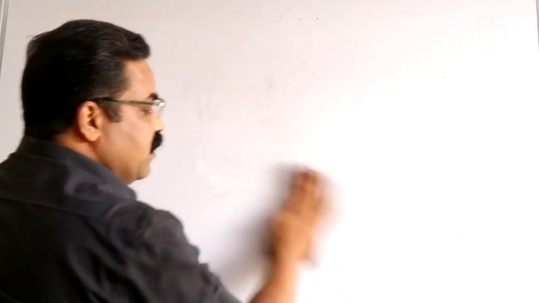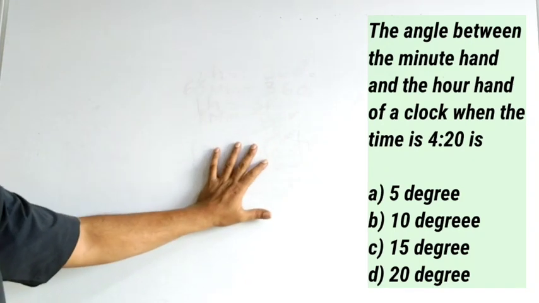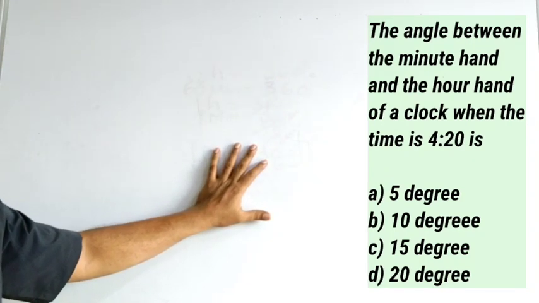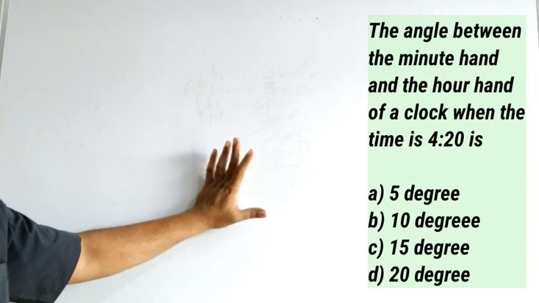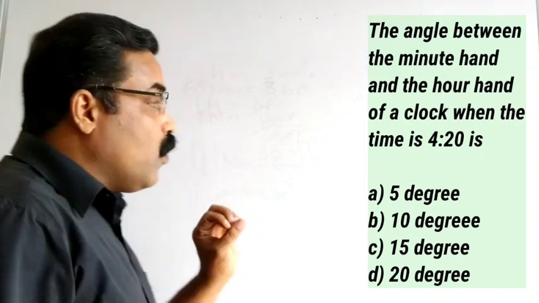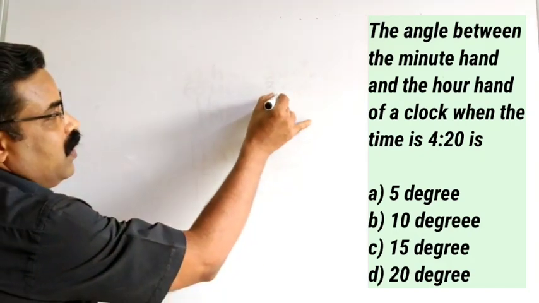So the question comes like this, students. Here is your question: the angle between the minute hand and the hour hand of a clock when the time is 4:20. Four options are also given. When we talk about 4:20, it will be like this.